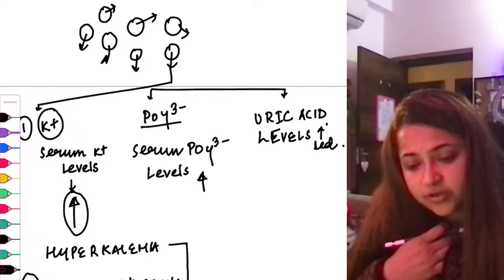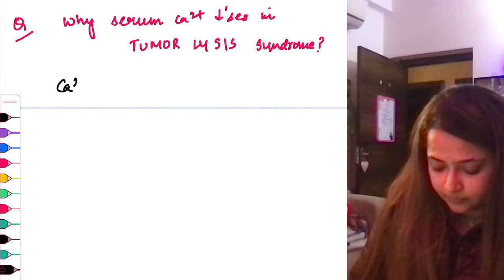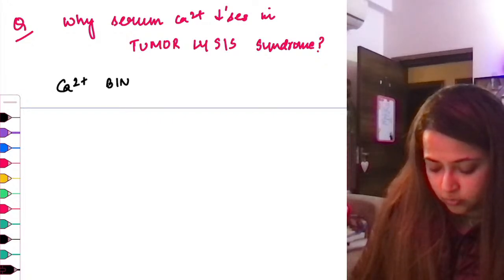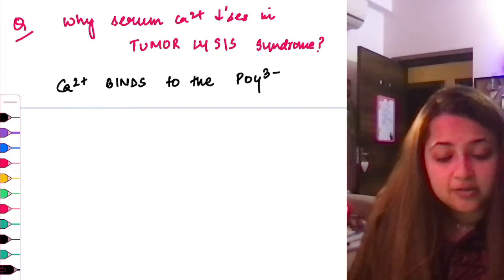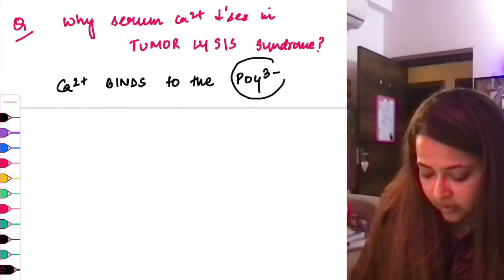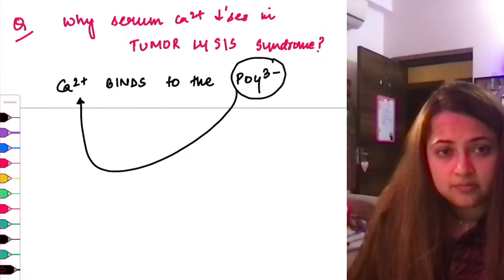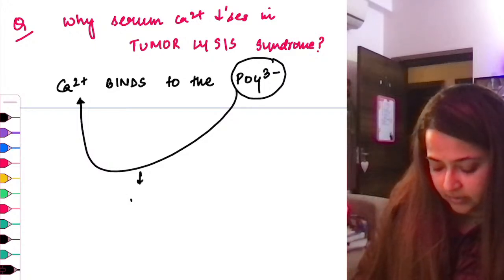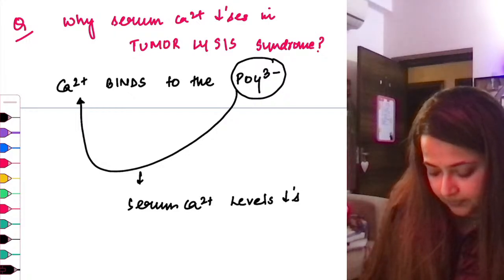The answer to this question is that calcium binds to the excess of phosphate. We just now talked that the serum phosphate levels would be more, right? So the phosphate will bind to the calcium. This is the reason why serum calcium levels are reduced.